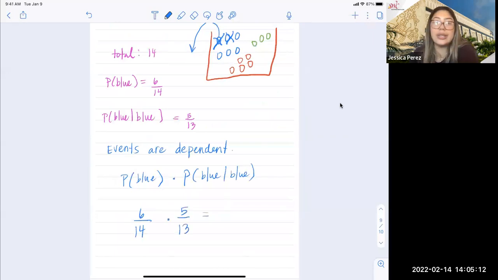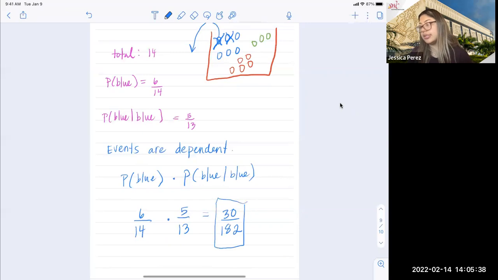You can simplify across if possible, but it doesn't seem like you can. So you multiply 5 times 6, you get 30, and 14 times 13 is 182. Again, you are allowed to use your calculator. It looks like they're not divisible, so there's nothing you can simplify. Your answer is 30 out of 182.